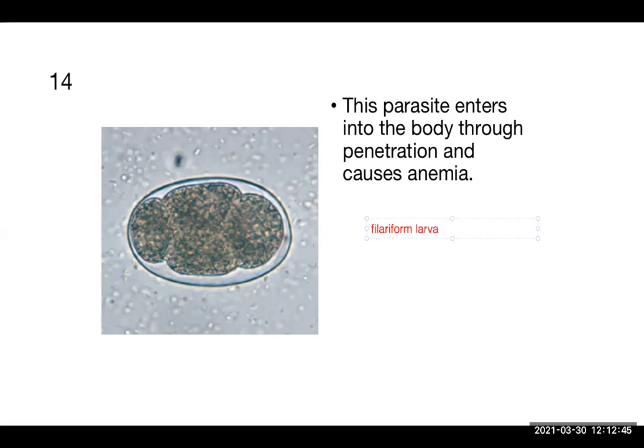This penetrates the foot area, the sole area, and enters into the body. That's why if someone is not wearing any shoes or slippers, and if larva is present in that particular environment or the soil, then only it can enter into the body. So this is a very important preventive aspect of hookworm infestation.